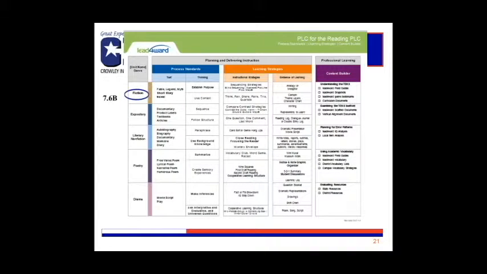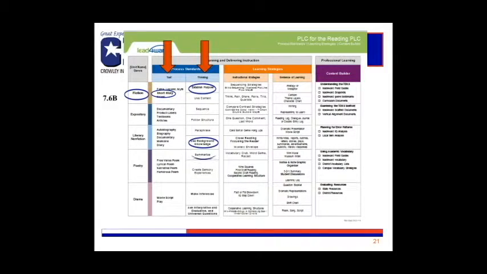As in our first video, we will use the PLC for Reading to plan student learning. The genre we will use is fiction for 7.6b. The text that I chose to model the instructional strategy is a short story.